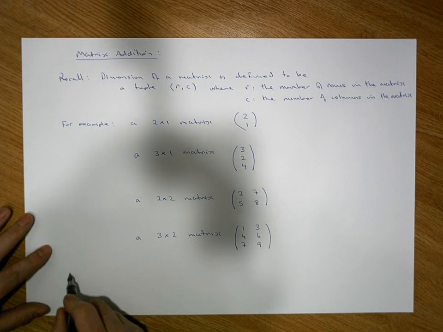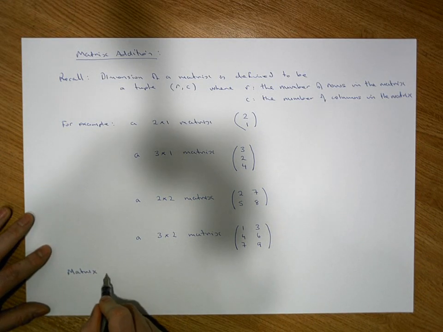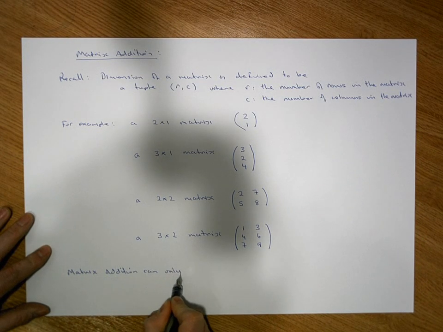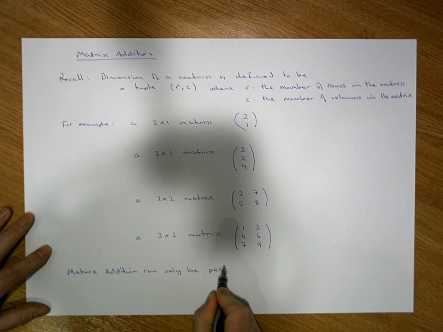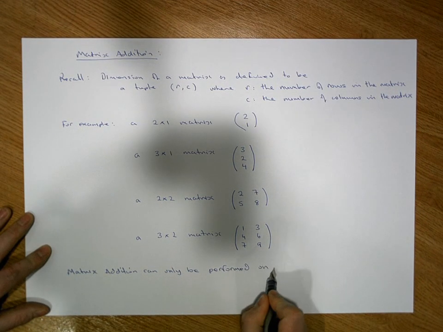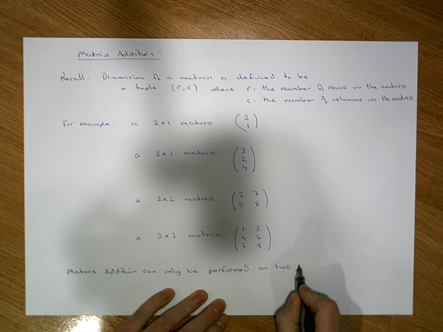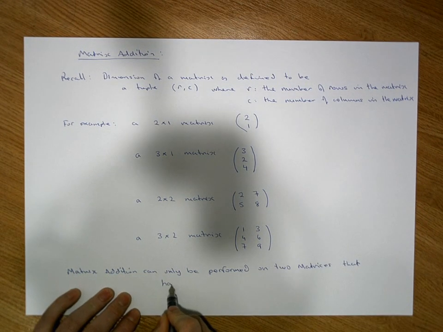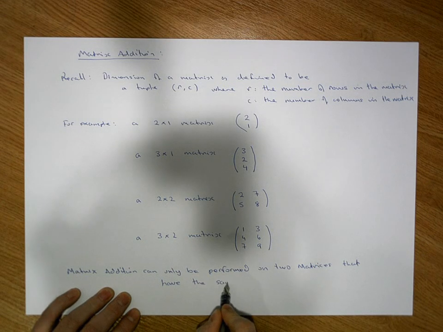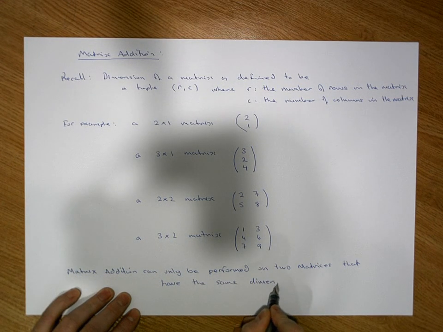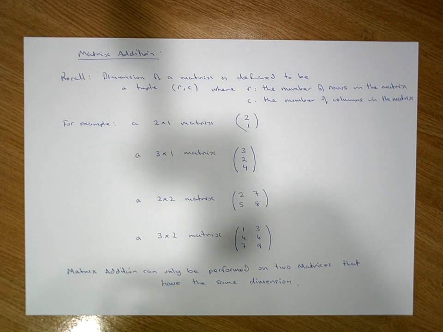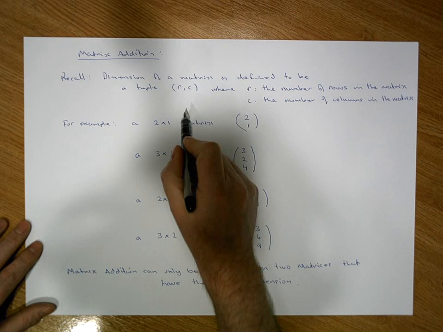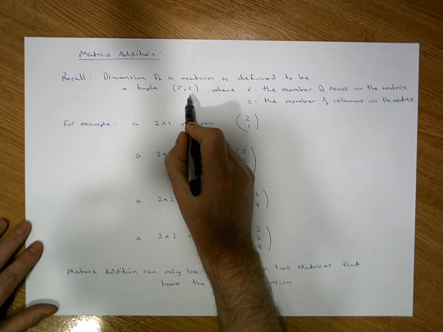So matrix addition can only be performed on two matrices that have the same dimension. That's an important point. If I want to add two matrices together, they must have the same number of rows and the same number of columns.